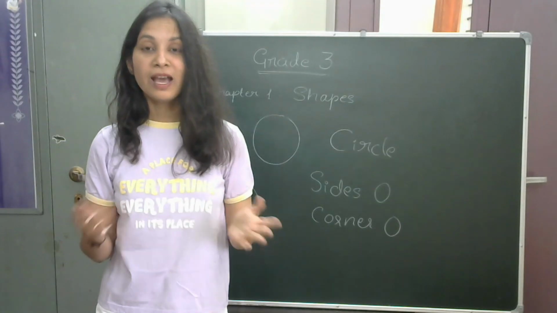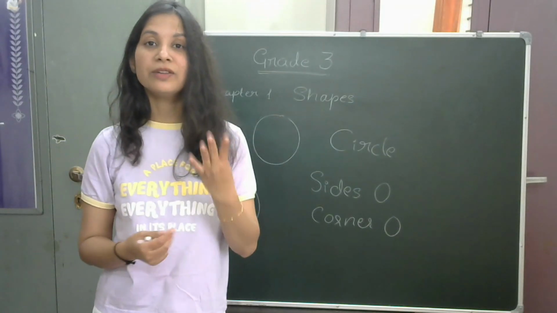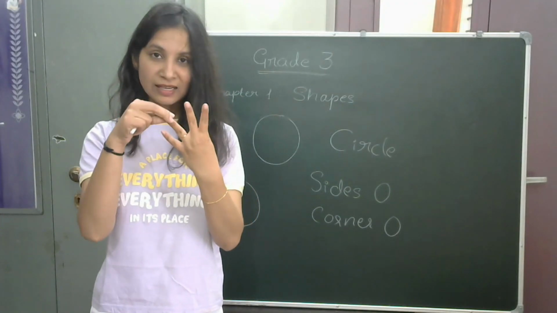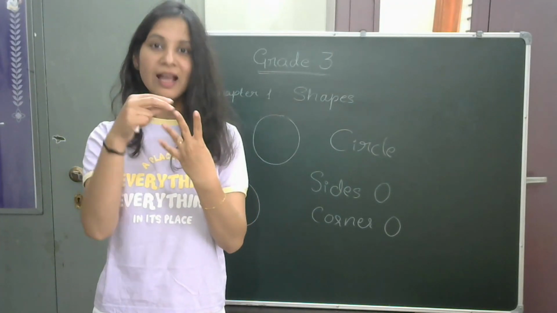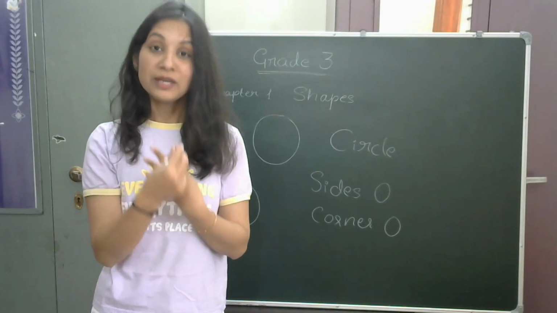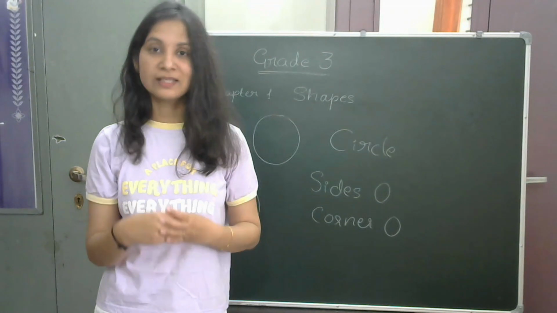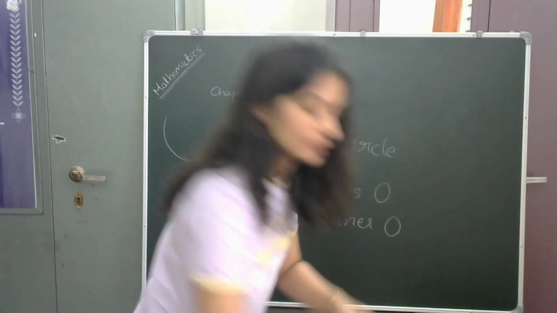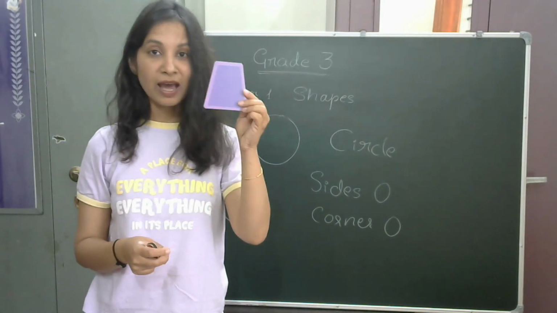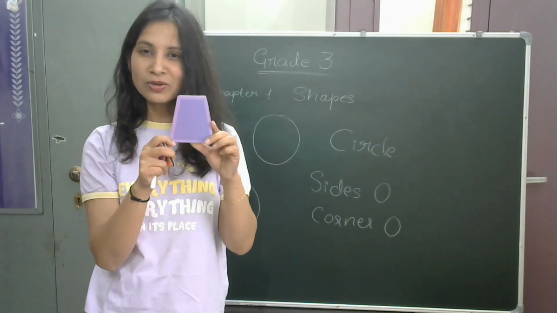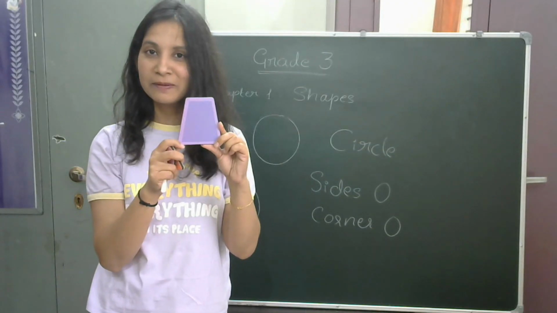Children, we have learnt about 4 different shapes: square, rectangle, triangle and circle. Many more shapes are there. Even with 4 sides. See here, we have one shape with 4 sides, but does it look like a rectangle or a square?